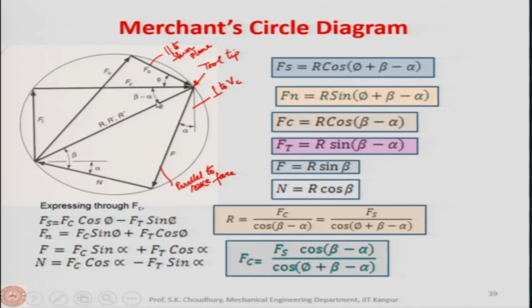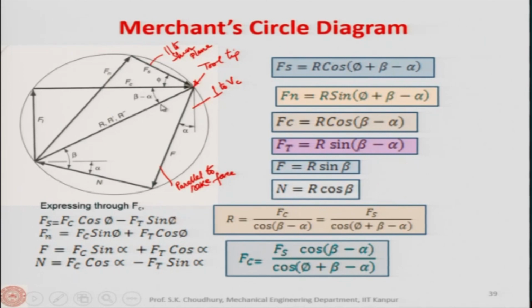Now, this angle we have seen is beta minus alpha, and therefore Fc will be cos of this angle and R prime, and Ft perpendicular to this will be R prime sine of this beta minus alpha. Then F and N remain. F here will be R prime and the cos of this angle.